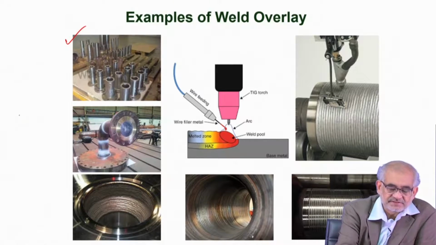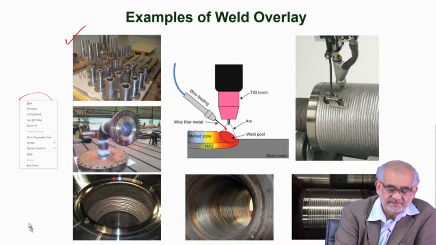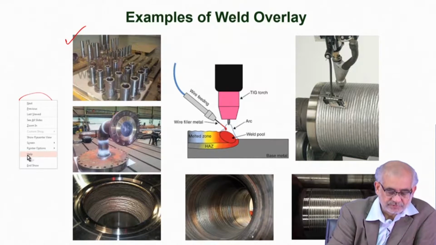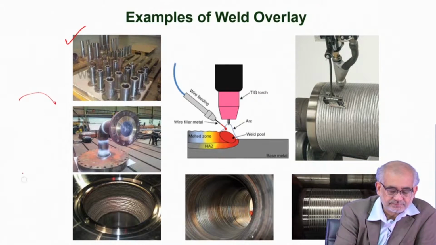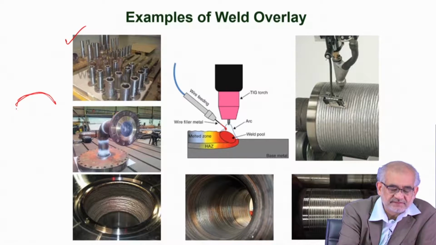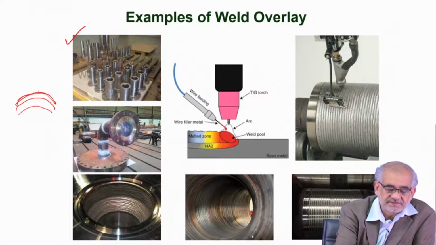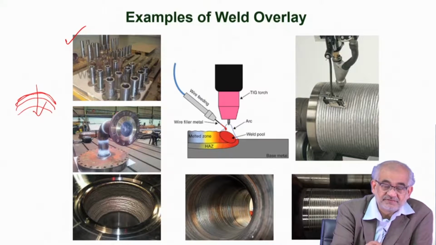Now, usually in a situation like this, let's say if this is the surface you are trying to coat, the first layer that you apply, maybe this is the layer. If the second layer starts from where you ended, then there will be a region across the thickness which will have differences in thickness and composition.